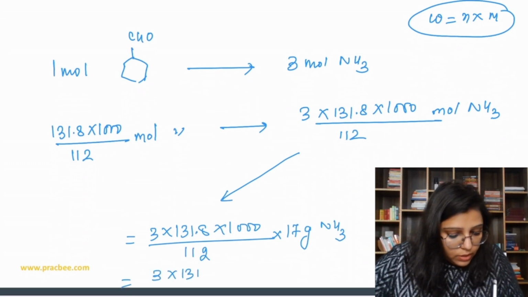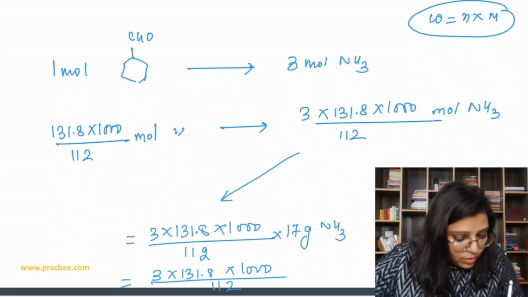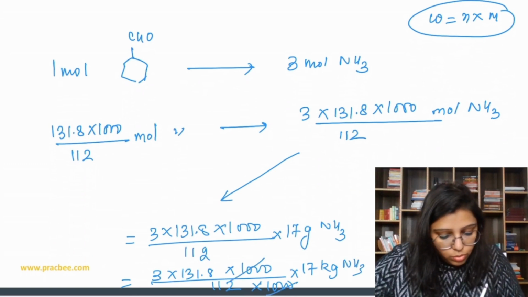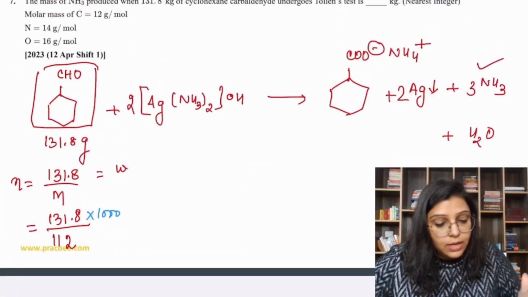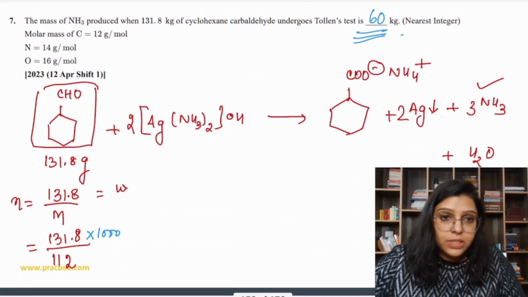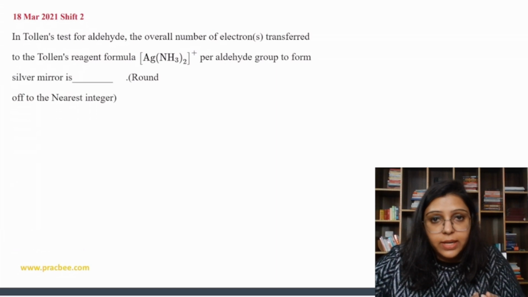So 3 into 131.8 into 1000 upon 112 into 1000 into 17 kilogram ammonia. Right, now you have to solve it. When you solve it, you get 60 kg as the answer. So here you have to report your answer in terms of 60. That's it. Now let's do this question. In Tollens test for aldehyde, the number of electrons transferred to the Tollens reagent.